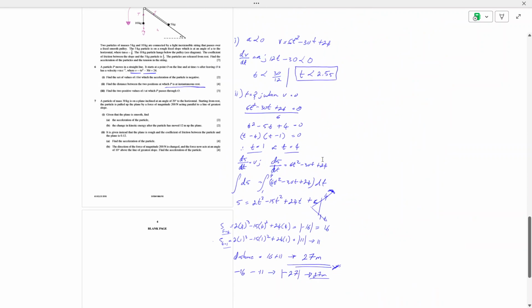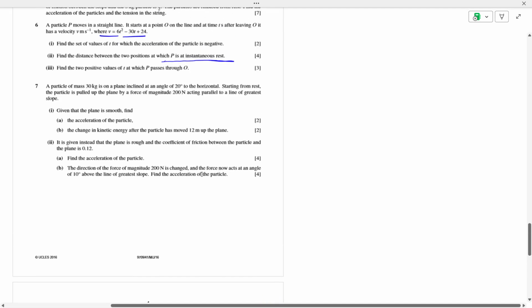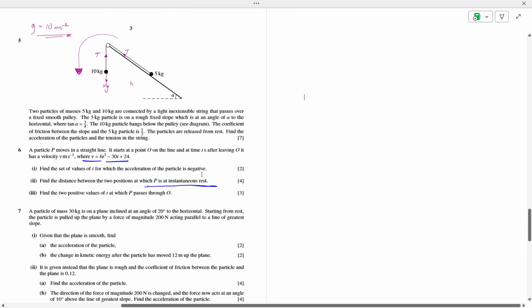Then the last question, for number 6, it's going to be: find the two positive values of t at which P passes through O. All right. If the particle starts here at O, then it moves along.